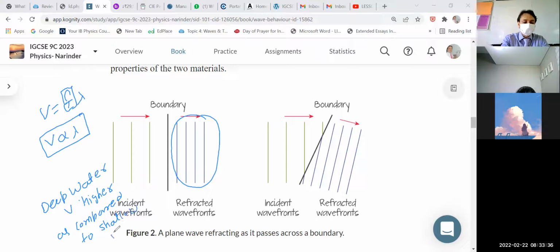In shallow water, the wave velocity will decrease. If wave velocity decreases in the shallow water, then you can conclude the wavelength will also reduce, and that's why here we have less spacing between the refracted wavefronts.